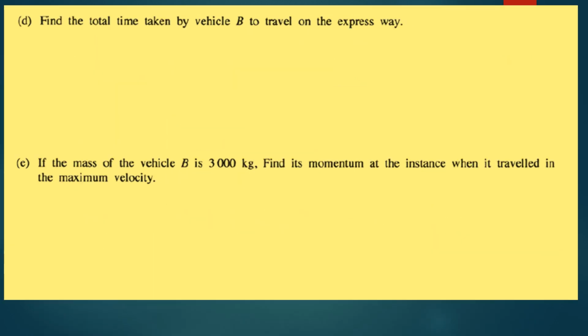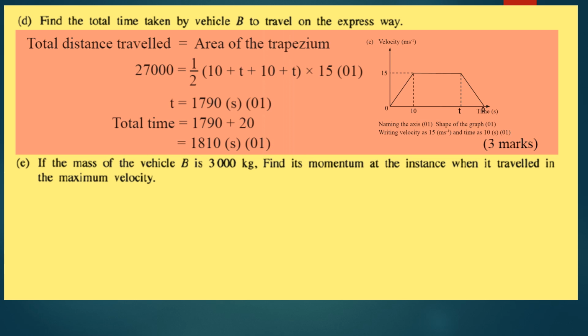Part D. Find the total time taken by vehicle B to travel on the expressway. Here you have to find the time taken. You know the total distance traveled, that is 27,000 meters. So by the graph you can find the total distance traveled. It is equal to the area of the trapezium. Area of the trapezium equals half into the sum of the two parallel sides into the perpendicular height between the two parallel lines.